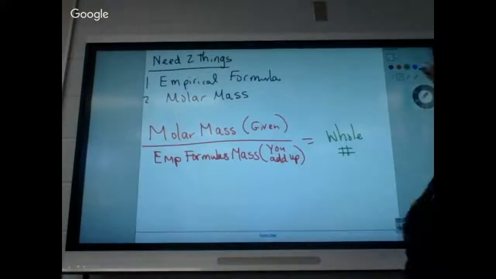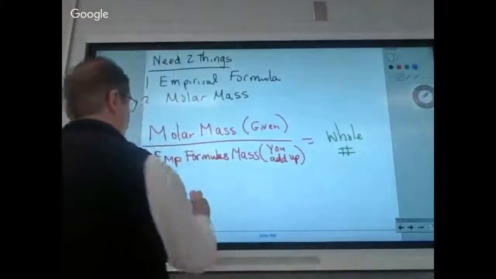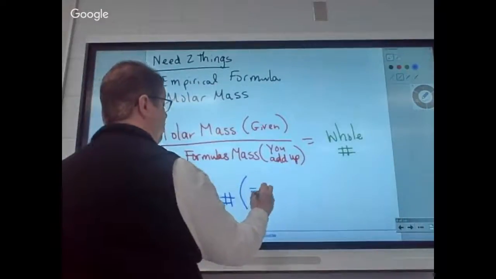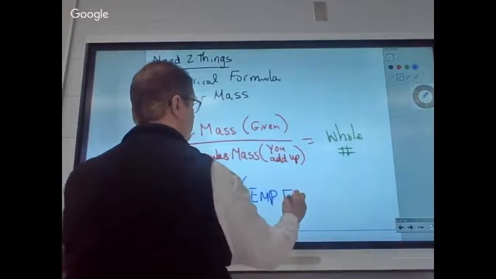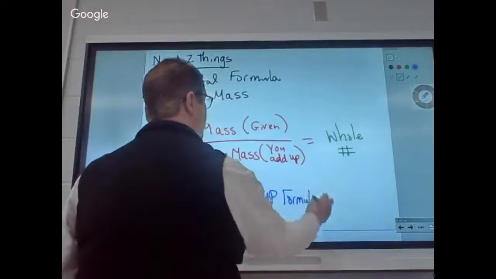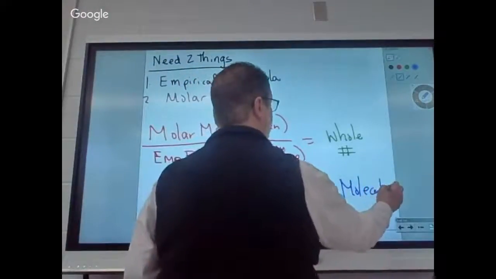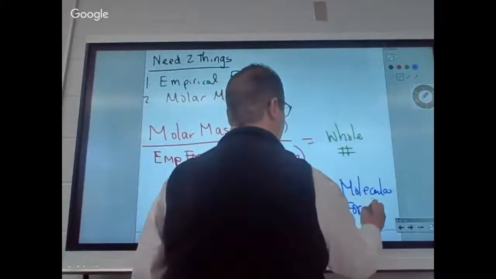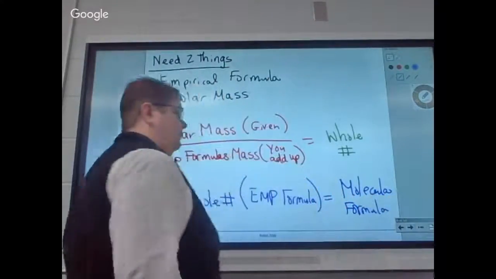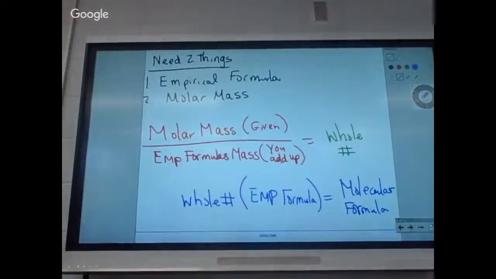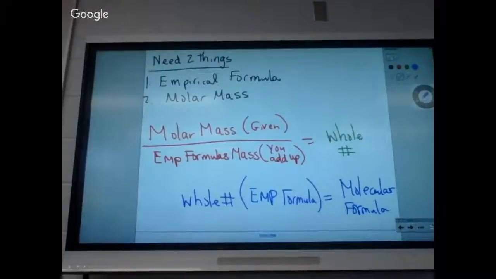Now, you will take this whole number and you will multiply it by the empirical formula, and you will get the molecular formula. You will take the whole number and multiply it by the empirical formula, and you will have the molecular formula.